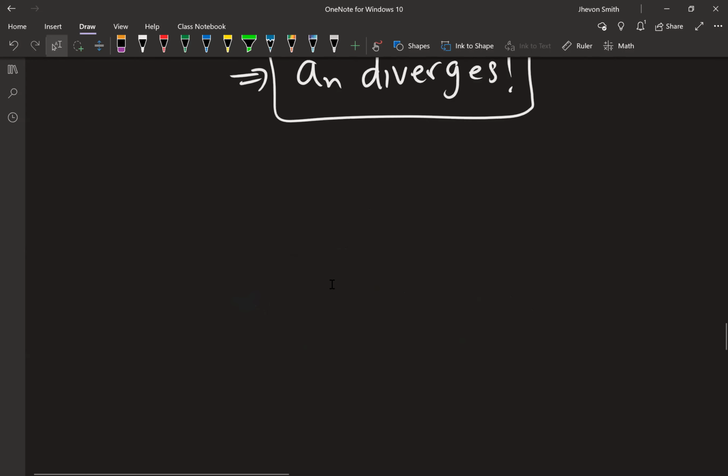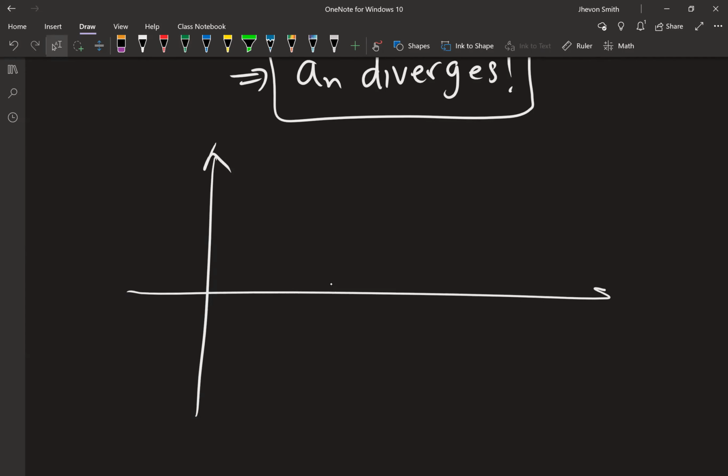And if I were to actually draw a picture of what this is doing, at 1, it's at -1. At 2, it's at +1. At 3, it's at -1. At 4, it's at +1. So it bounces up and down. It oscillates between two values.